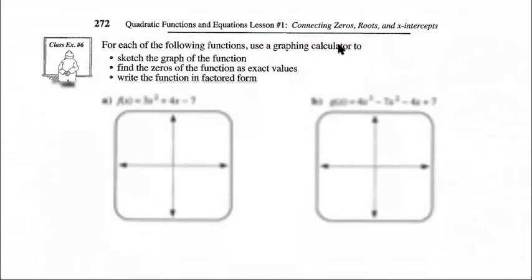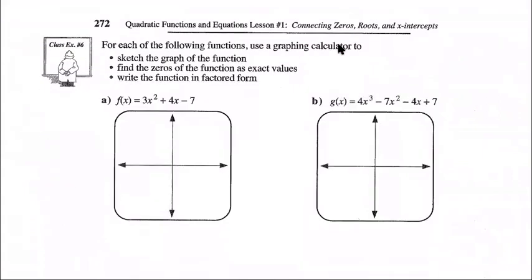Over the page, example number 6. For each of the following functions using a graphing calculator, sketch the graph of the functions, find the zeros as exact values, and write the function in factored form.